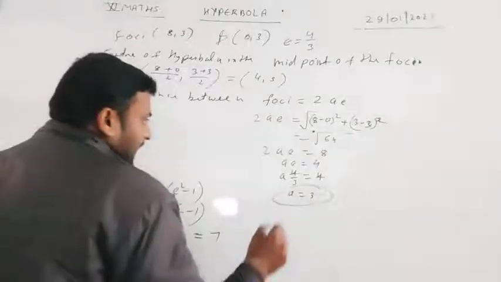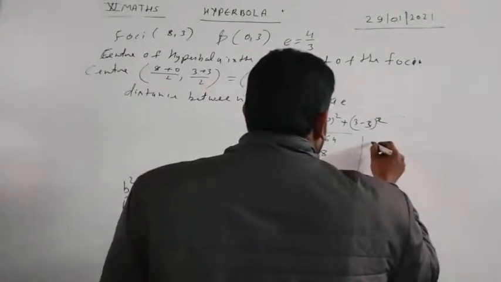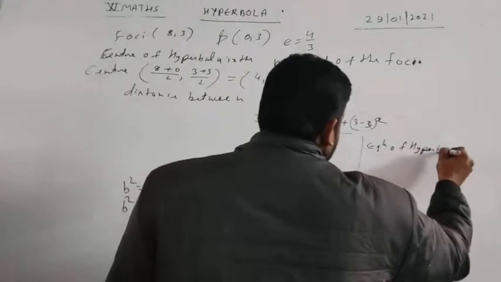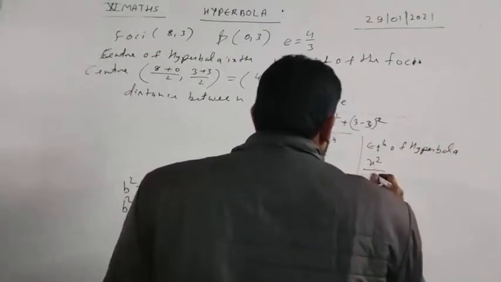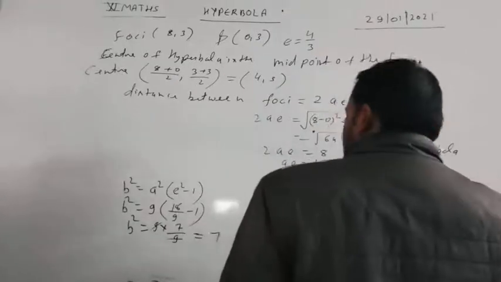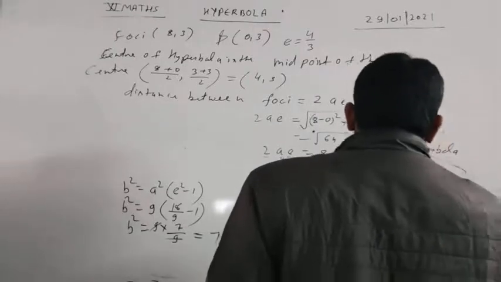Now, student, we have to find the equation of hyperbola. So our equation of hyperbola is given by x square by a square minus y square by b square, which is 7, is equal to 1.